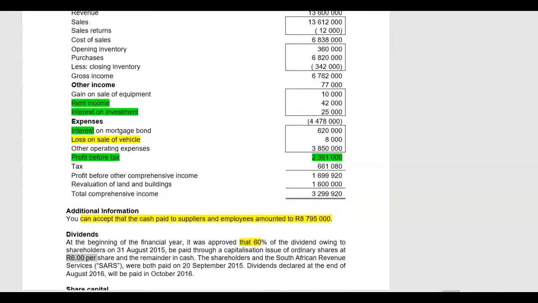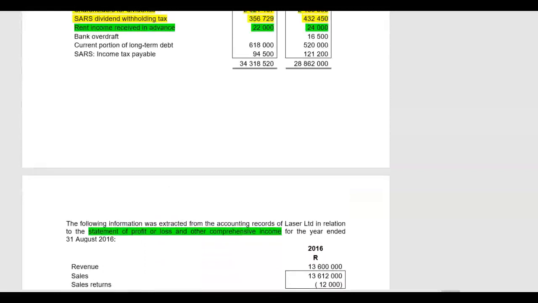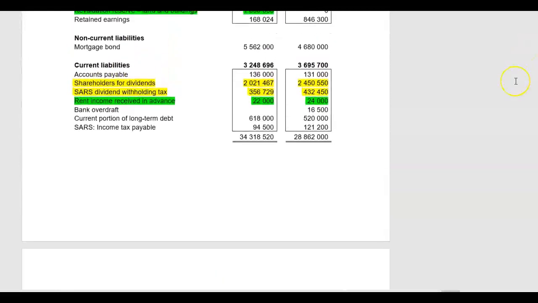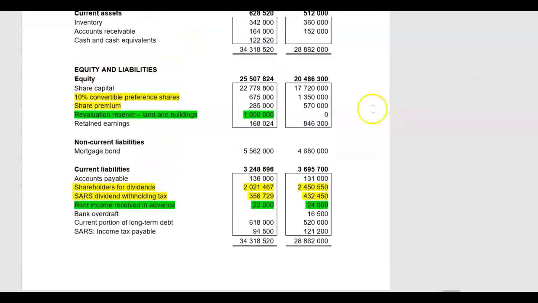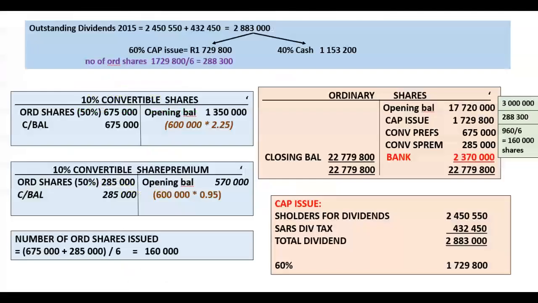So you will see that the difference between the 3.20 Rand issue price and the 2.25 Rand par value, multiplied by the number of shares, gives me that amount of share premium, the 570,000 Rand.